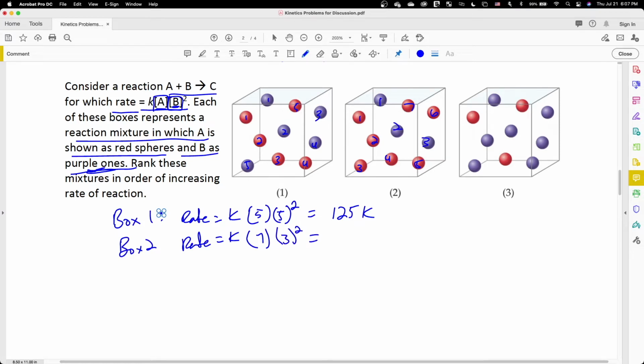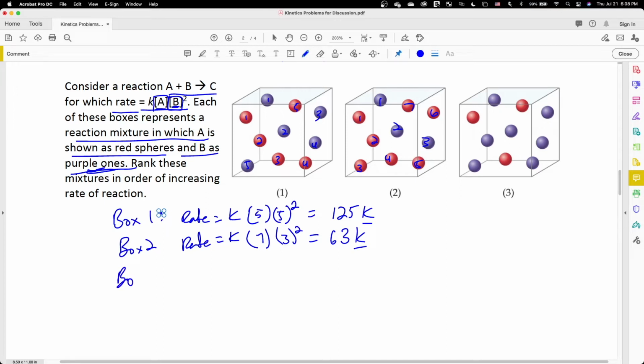If we do that math, we end up with 63k. The rate constant's the same, so we don't really need to solve for it. We just care about the numbers coming from the concentrations and the stoichiometry, so we just left the k alone.